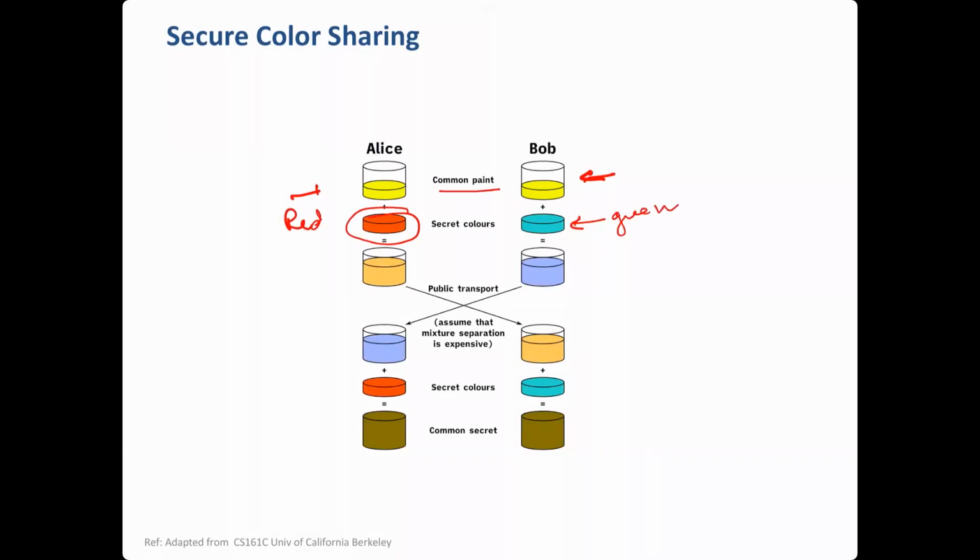This color is private to Bob, and this red color is private to Alice. They decide separately, independently. Then they mix, and Alice gets an orangish color and Bob gets a kind of blue color, which they send to each other.